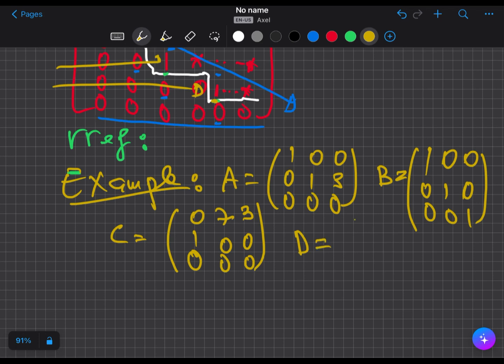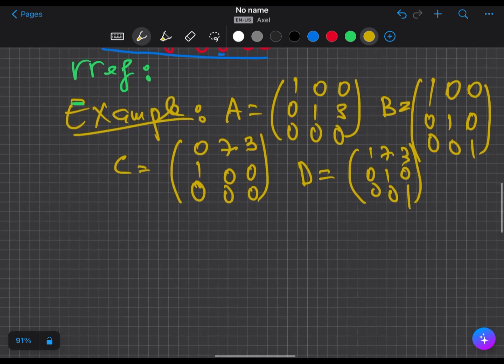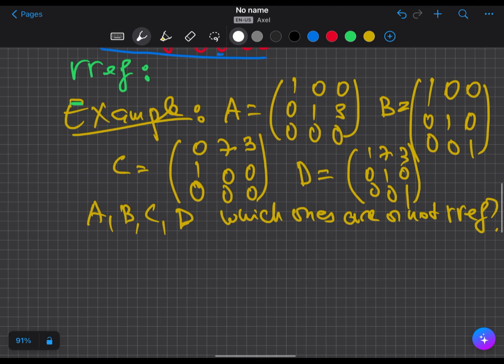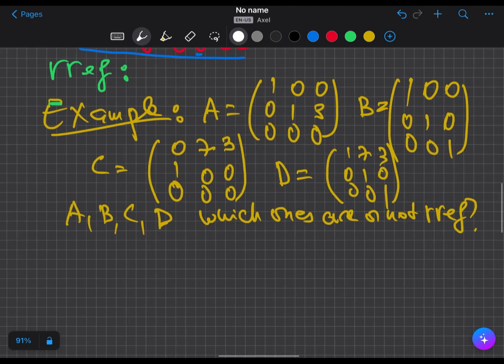And then have matrix D equals 1, 0, 0, 7, 1, 0, 3, 0, 1. Now, among these four matrices A, B, C, and D, which ones are or are not reduced row echelon form? How do you answer that question? Do you have an idea from what we said before?